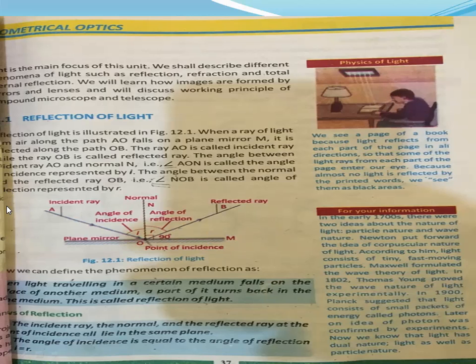When the ray of light coming from the air along the path AO strikes the plane mirror, what happens? It is reflected along the path OB. After striking the plane mirror, it goes back along the path OB. This is called the reflected ray and this is called the incident ray.